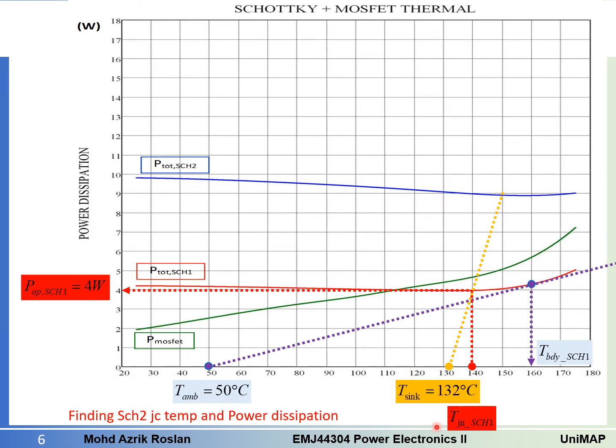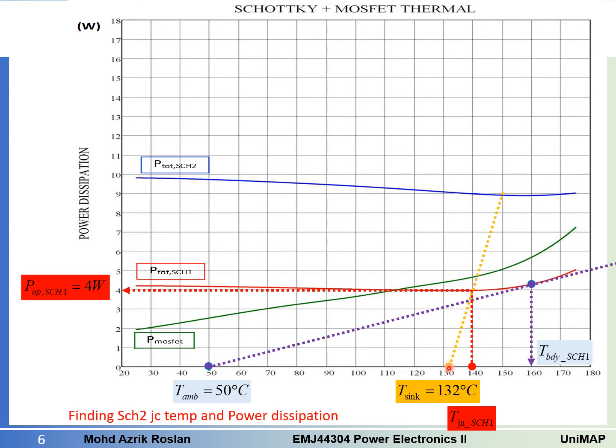So now we can draw, because this is the Schottky 1 and then this is Schottky 2. We know that this straight line is the thermal resistance, the slope for thermal resistance, that I mean 2 degrees C per watt that we drew just now.